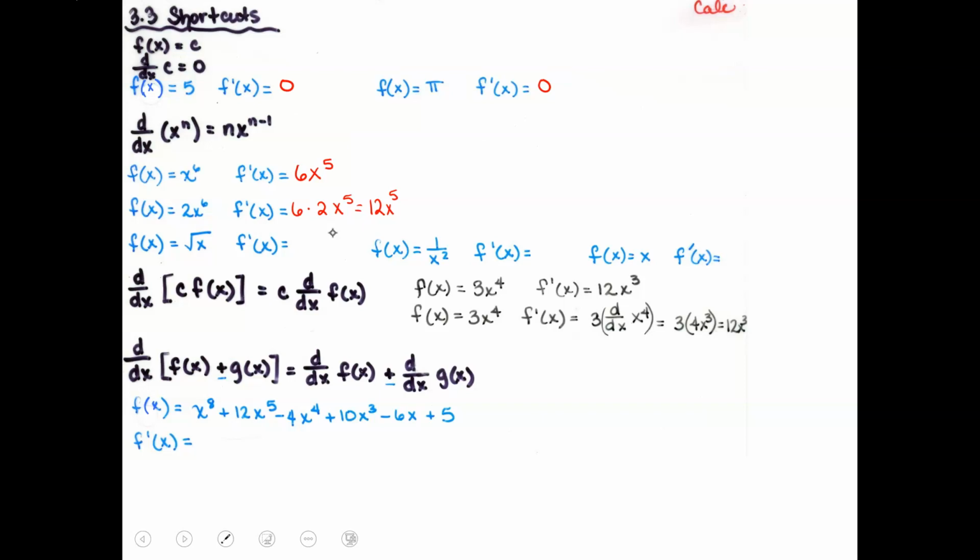So if I look at the next couple of examples, if I can find a way to rewrite them with an exponent, then I can use the power rule. So for instance, how could I rewrite the square root of x with an exponent? Well, I could write it as x to the 1/2, right?